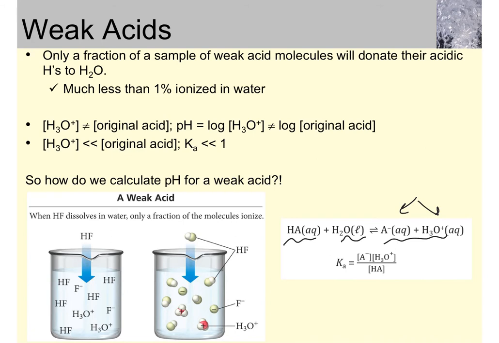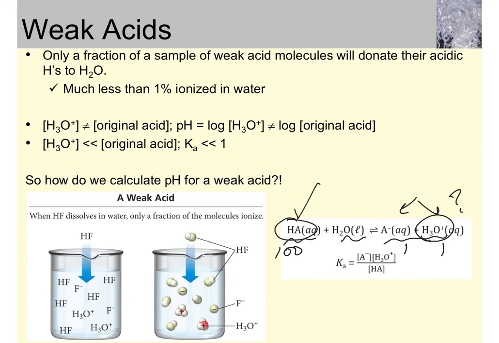So if I were to put 100 molecules of some weak acid in water, I might only end up with one of them that ionizes, and the rest may remain in the intact molecular form. And so because of that, if it's a weak acid, you don't really know what the concentration of hydronium ion is. You've got to do extra experimentation.